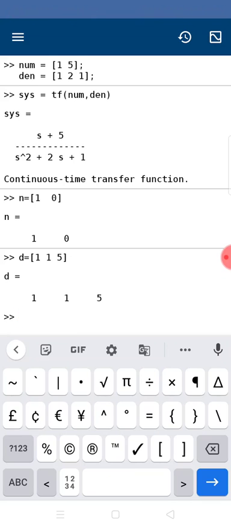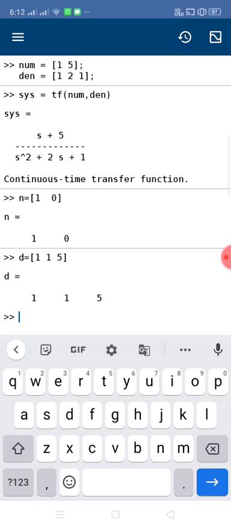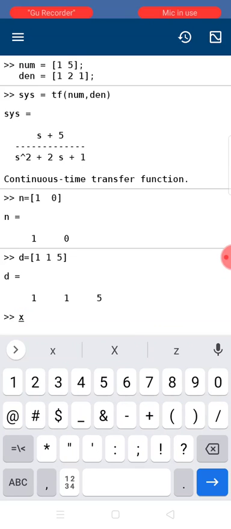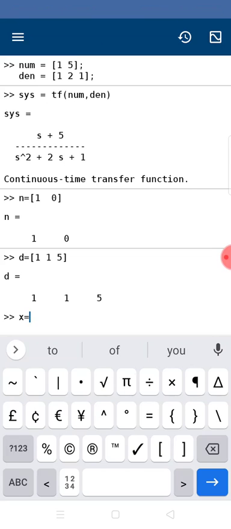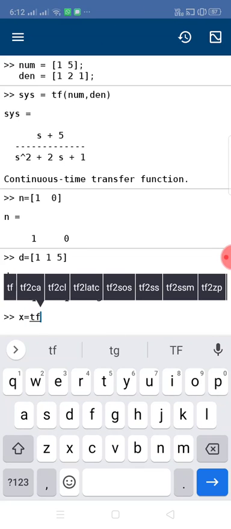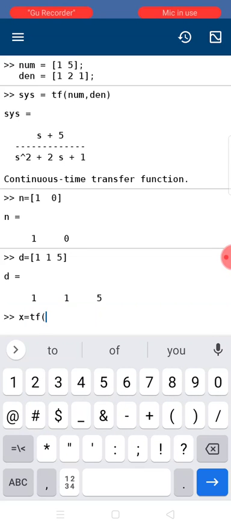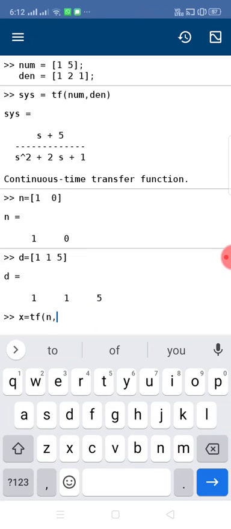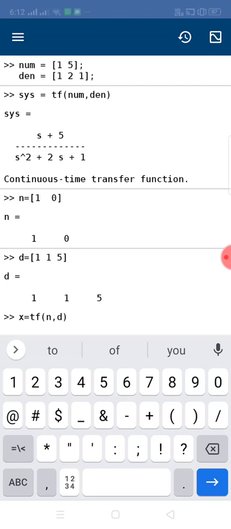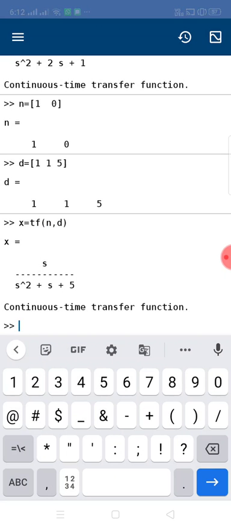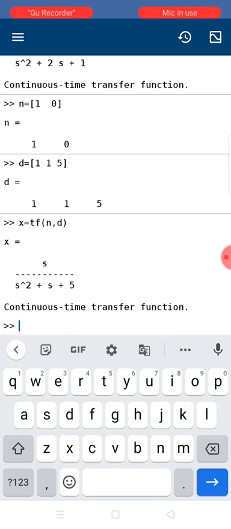Now I can write the transfer function with the help of these polynomial coefficients. Let it be x equal to transfer function TF, write within parenthesis n comma d, n for the numerator polynomial coefficient and d for the denominator polynomial coefficient. Now you can see here this executed the transfer function. Now the result is transfer function whose numerator polynomial and denominator polynomial were given.